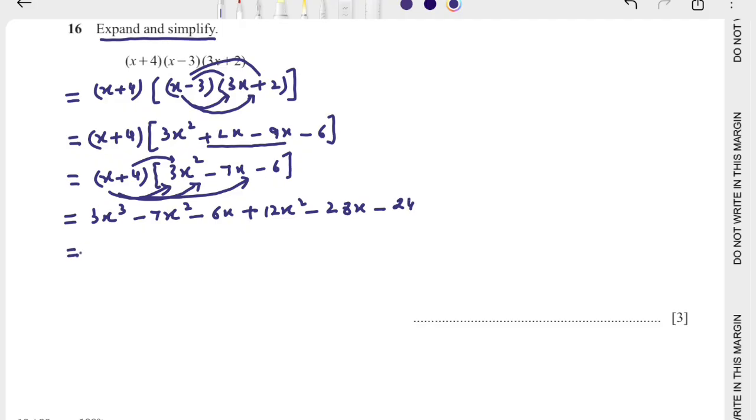We have to combine like terms. It will be 3x cubed minus 7x squared plus 12x squared is plus 5x squared, and minus 6x and minus 28x is minus 34x and minus 24. This is the final answer.